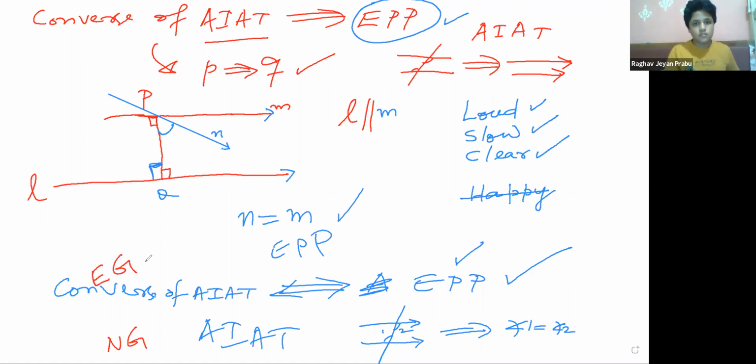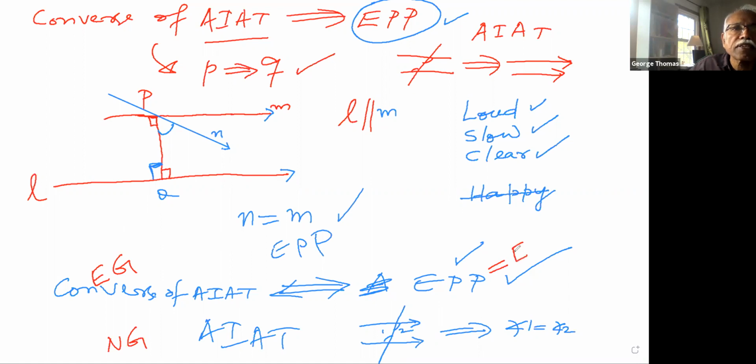This is a theorem in Euclidean geometry. Why? Because this needs the Euclidean parallel postulate, which is equal to Euclid's fifth. Because Euclid's fifth makes neutral geometry Euclidean geometry. Clear? Yes, sir.